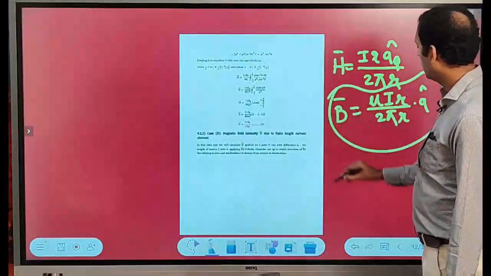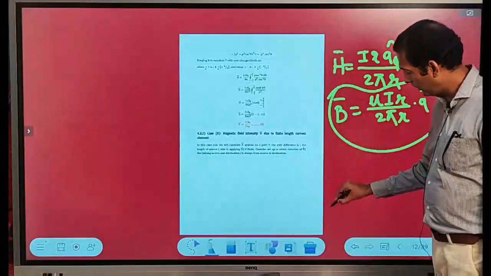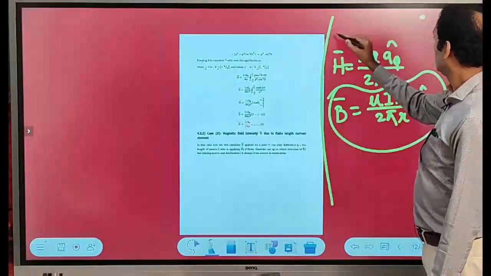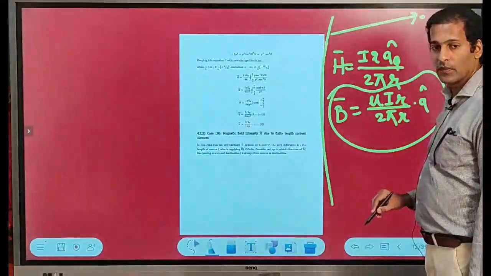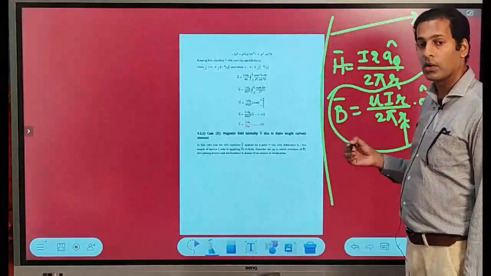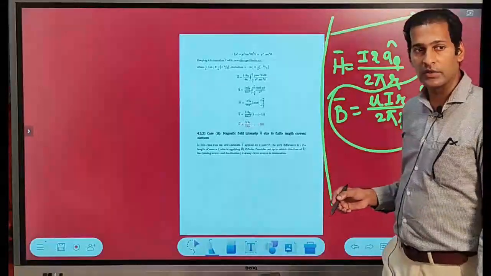This formula is for the magnetic flux density due to an infinitely long line charge at a given point. Here we can see it is inversely proportional to r, not r square. Like that we can consider various charge distributions.